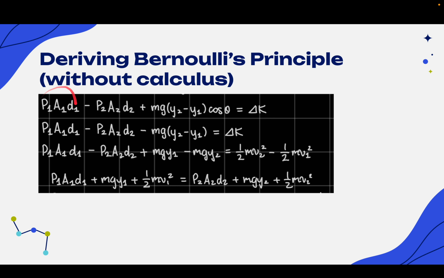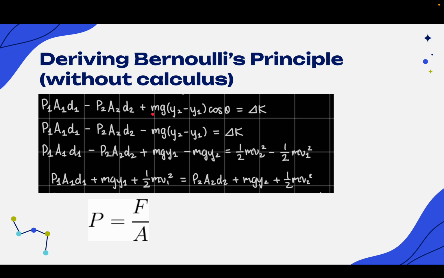And you might wonder why these are replaced with P1A1. This is because pressure is equal to force over area, which is the definition of pressure. If we do some algebraic multiplication, we get F equals PA, so we can substitute F1 with P1A1.